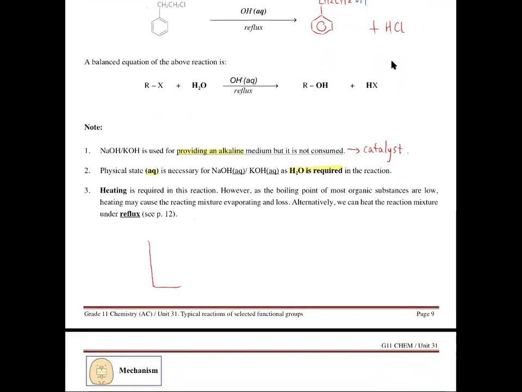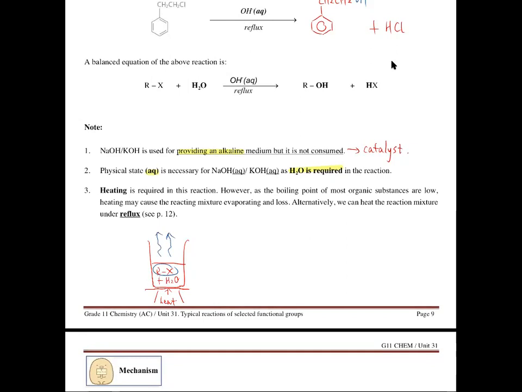For example, at the beginning, we got the Bunsen burner to heat it, okay? As we start to heat it, the organic reactant is going to start to evaporate and escape the system.